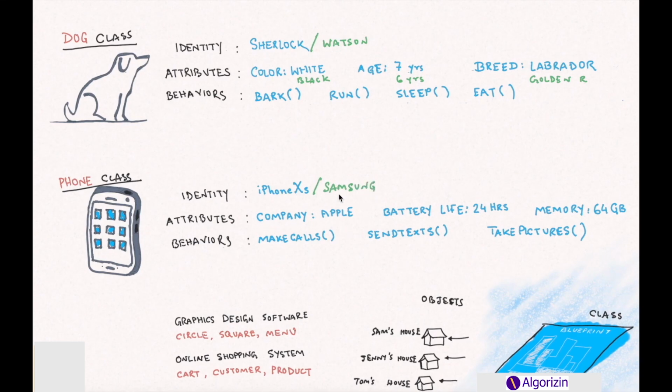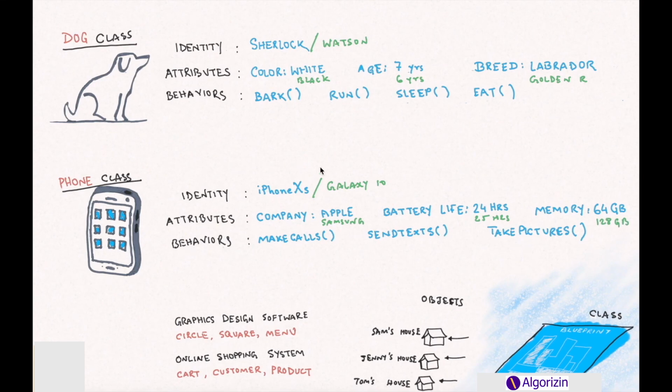And maybe the company name, or actually, the identity would be, let's say, Galaxy 10 or something like that. And the company name for this different phone object would be Samsung. The battery life may be similar, or maybe a bit more, I don't know, 25 hours. And the memory might be, let's say, 128 gigabytes, right? And the behaviors will be more or less the same.